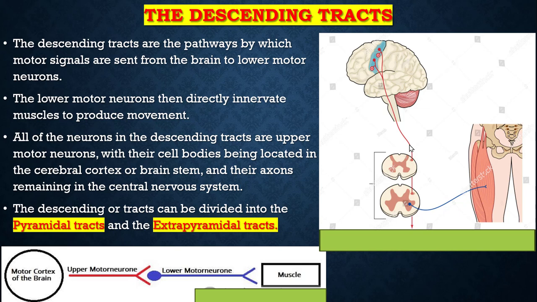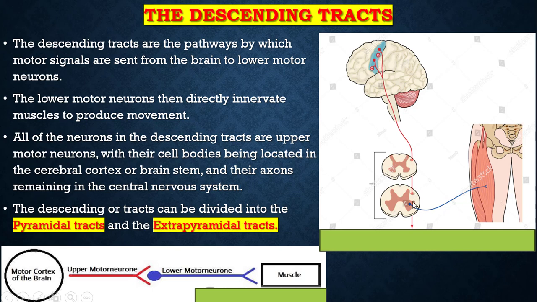Let me here clarify the upper motor neuron and the lower motor neuron. The upper motor neuron originates from the cerebral cortex and descends through the brainstem and spinal cord and ends in the anterior horn of gray matter of the spinal cord. So this is the upper motor neuron.